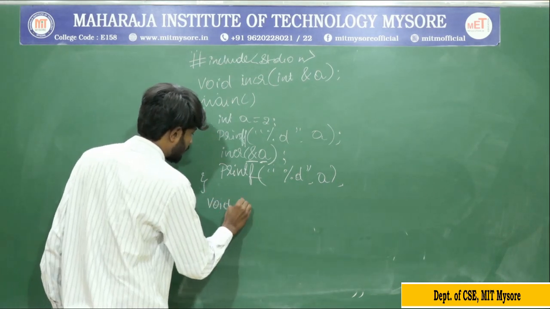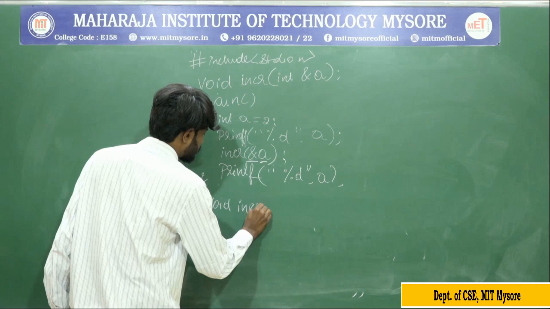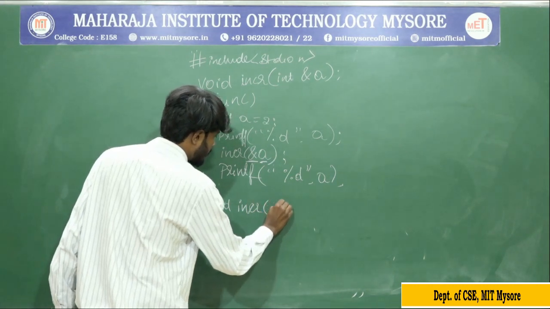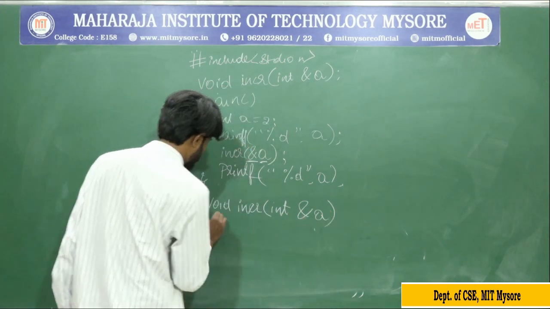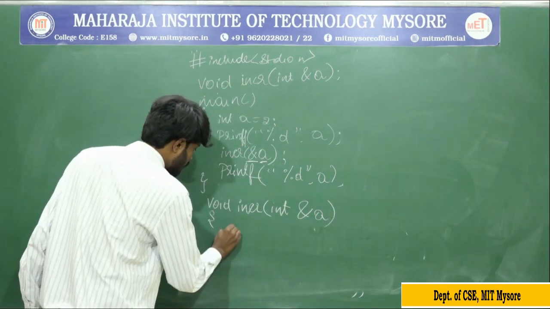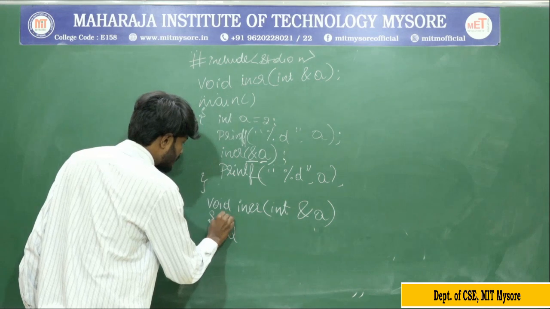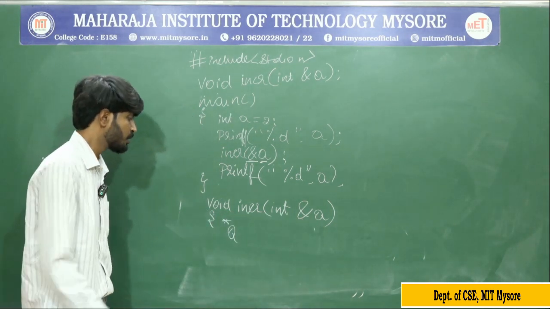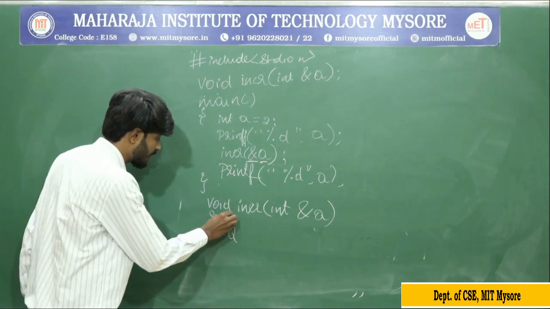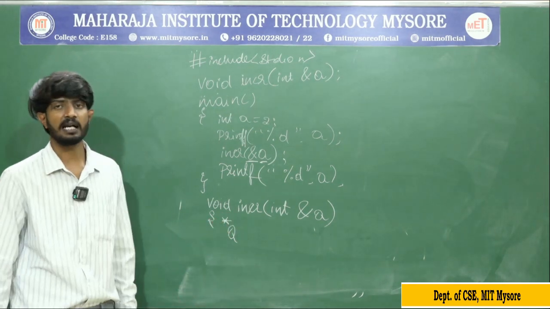Next I will create that function, int ampersand of a. Okay, a equals to, since I am using the address of a, I need to specify it as star.